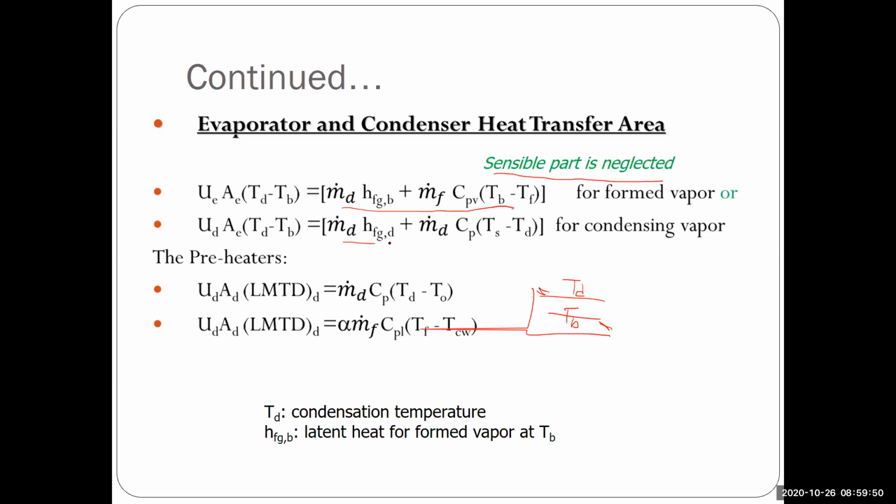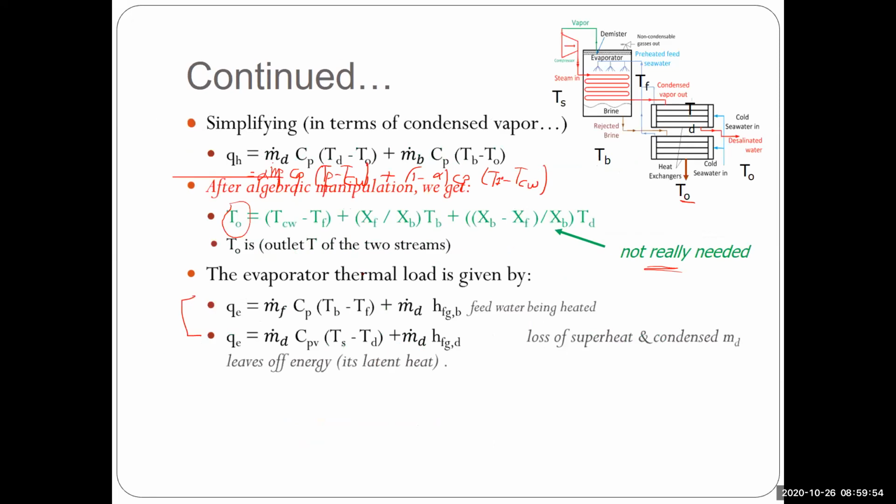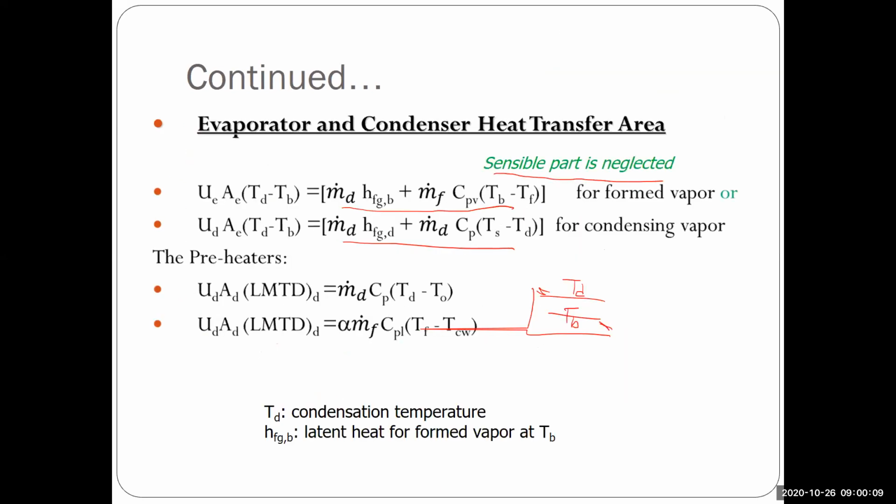This expression and this expression are nothing but Q evaporator that we have written here. So this Q evaporator is in balance with the overall heat transfer coefficient times the area times delta T, which is what you see here in this expression up here.